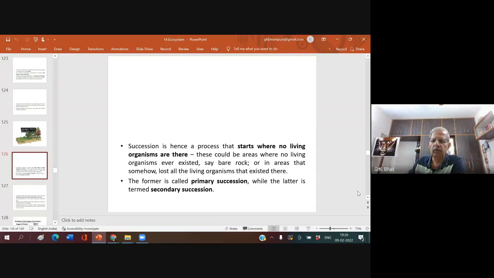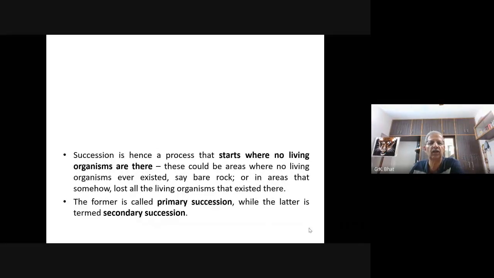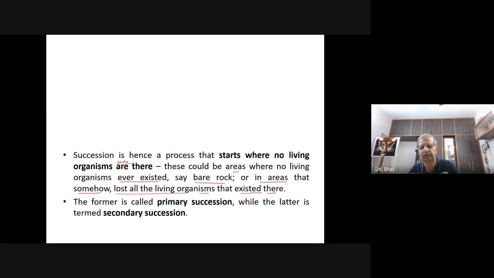Therefore, succession is a process that starts where no living organisms existed. These could be areas where no living organism ever existed, say bare rock, or areas that somehow lost all the living organisms that existed there before.